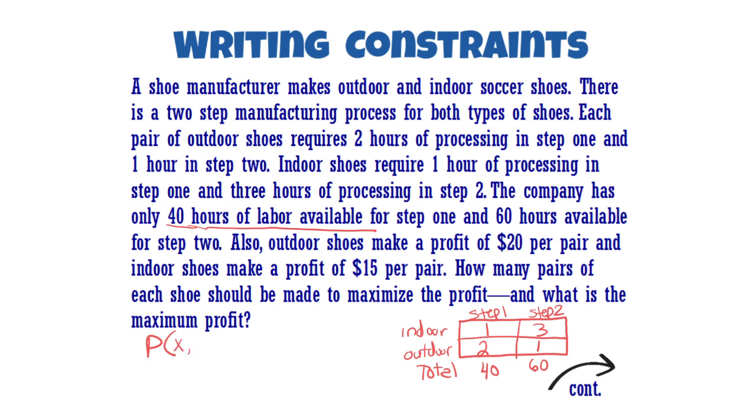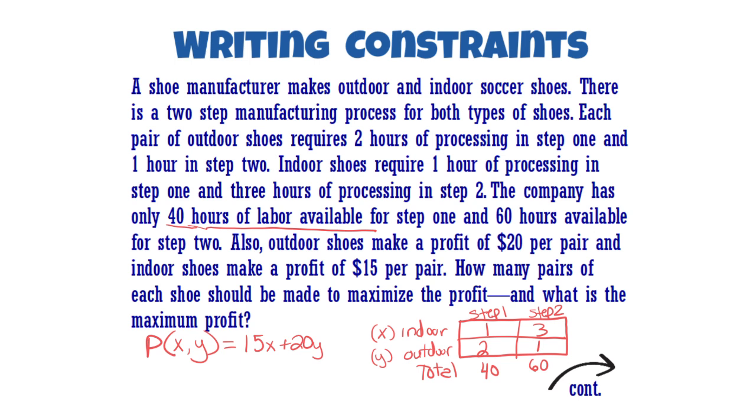I'm going to call them X and Y. And you kind of have to tell me what's X and what's Y. So I'm going to say indoor shoes are X and outdoor shoes are Y. So when I write this, it says that outdoor shoes make a profit of $20, indoor profit of $15. So I would say 15x plus 20y is how I'm going to make a profit. That's going to be that profit function that I come back to.